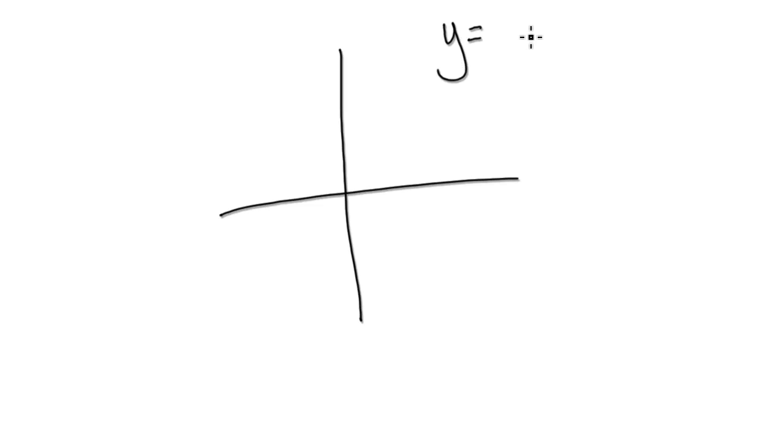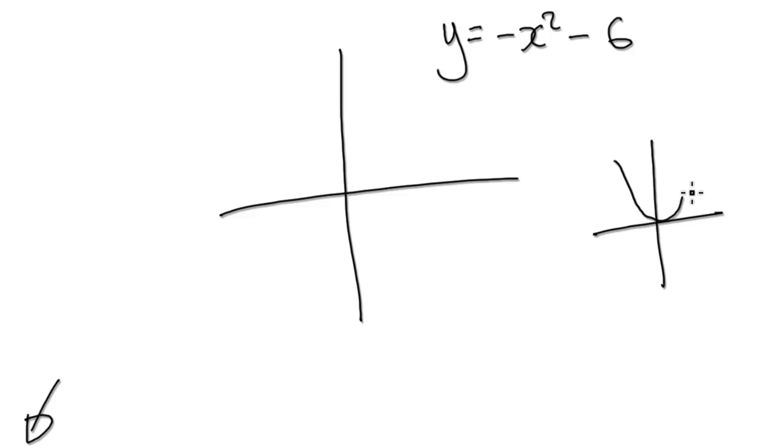Okay, next one. Sketch this graph here, y equals negative x squared, and then take away 6. So press pause and have a go. Okay, so looking at this, you can see it's a negative x squared. So in your mind, x squared looks like this. This is y equals x squared.